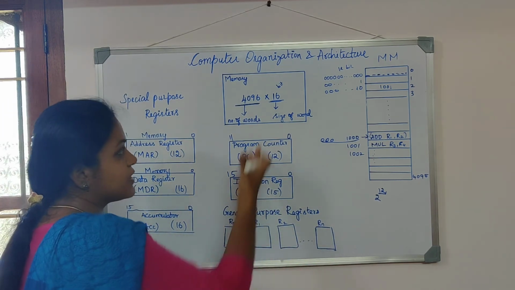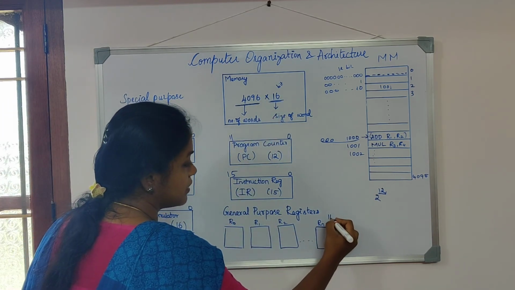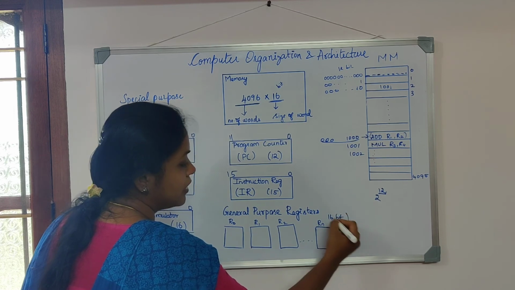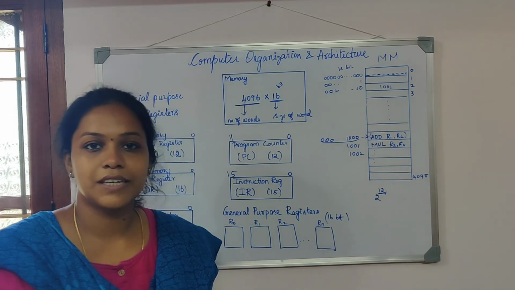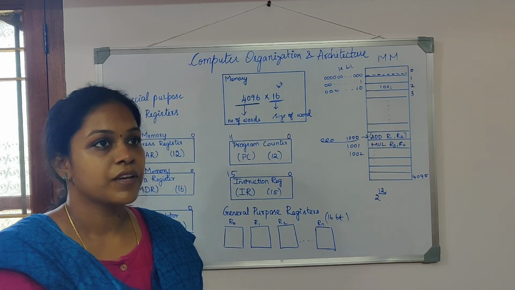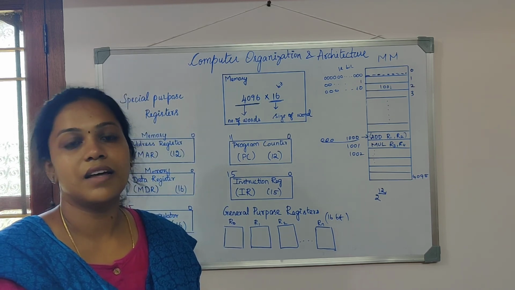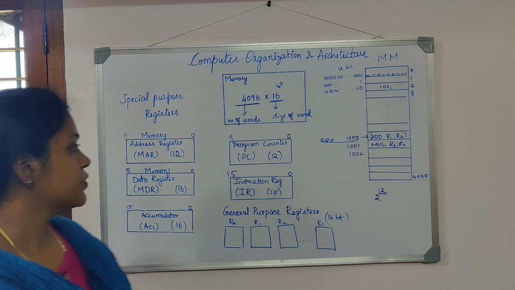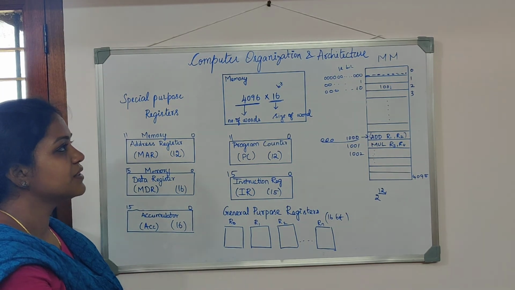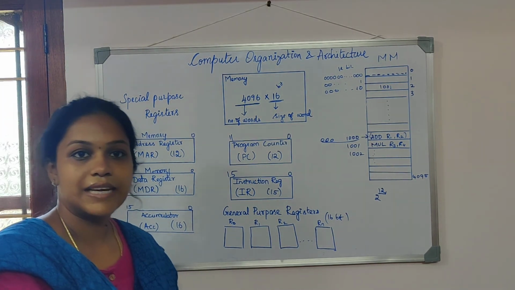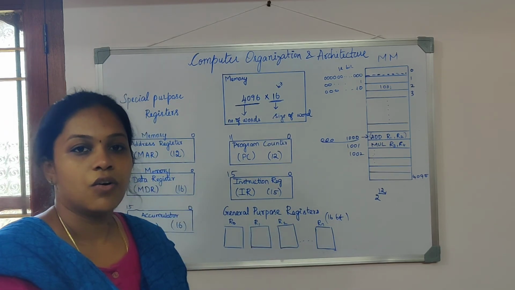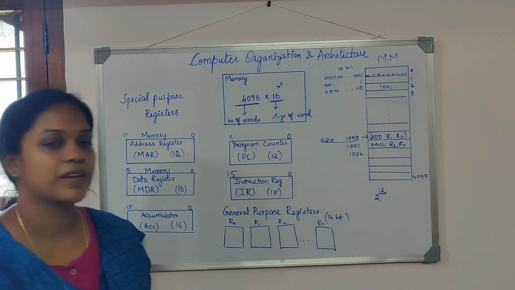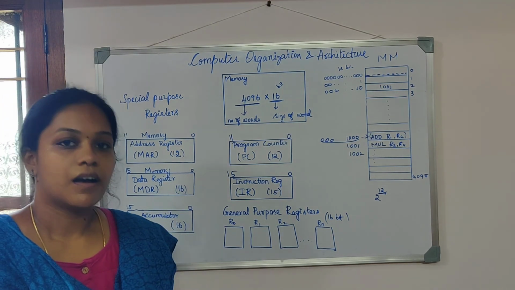In our example the size of data is 16-bit, so every general purpose register will be 16-bit. It is used in manipulating the data. So these are the types of registers available inside the processor: the special purpose registers and the general purpose registers. Hope you all understood this registers concept.